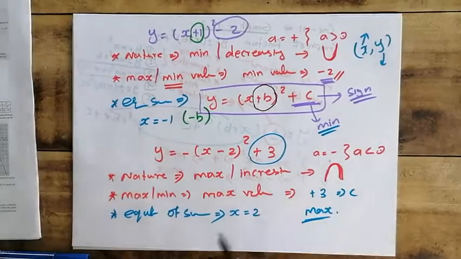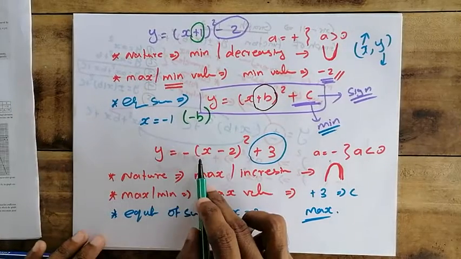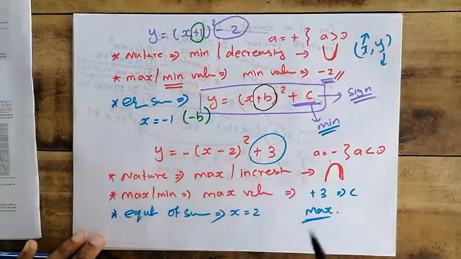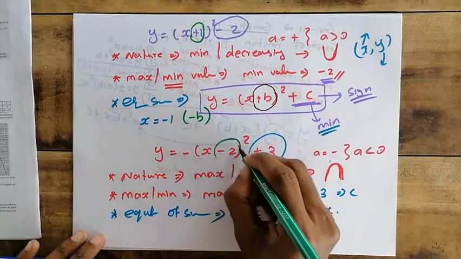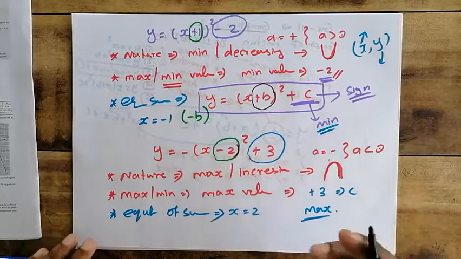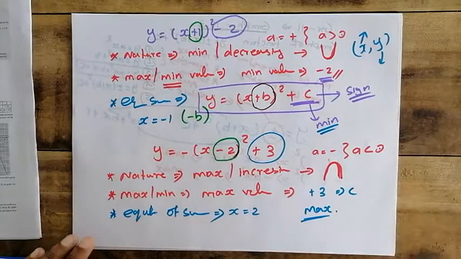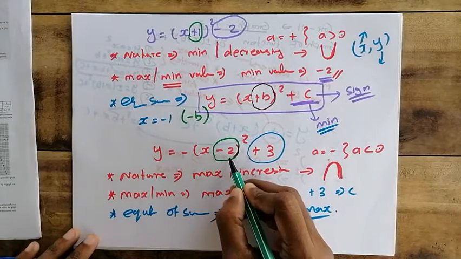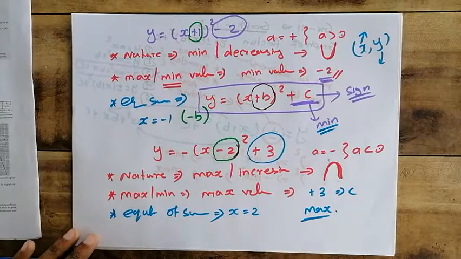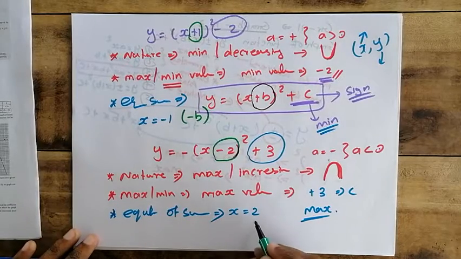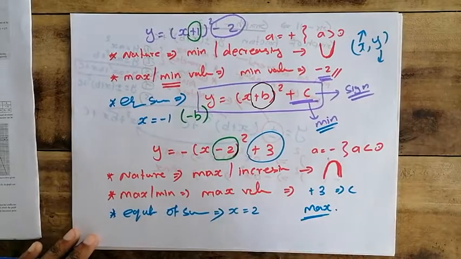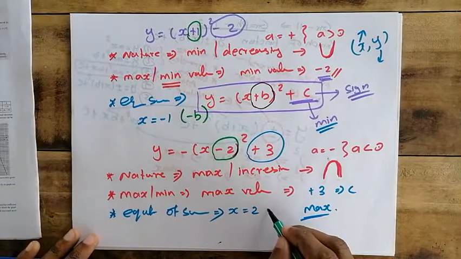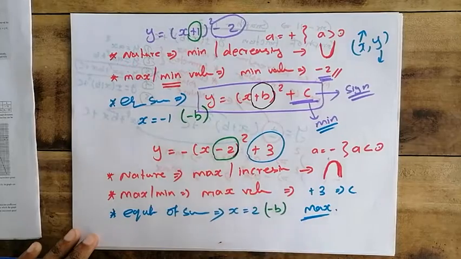Okay. We'll check with the second graph: y equals minus (x minus 2) whole squared plus 3. If we check the value of b, we need to check b and c with the sign. The value of b in the binomial is minus 2. When you check the symmetry equation, it's plus 2. So we can say another relationship, it is also negative b.